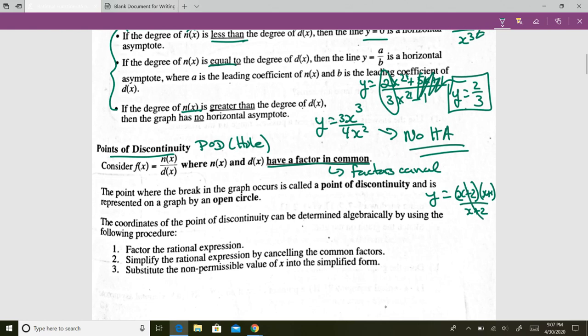The x plus 2's cancel. You also have x plus 1. That means you have a POD at x equals -2. It's whatever makes that factor 0. And then to find the y value, you plug -2 into what's left over. So -2 plus 1 would be -1. So the actual coordinates would be (-2, -1) in that case. Okay.